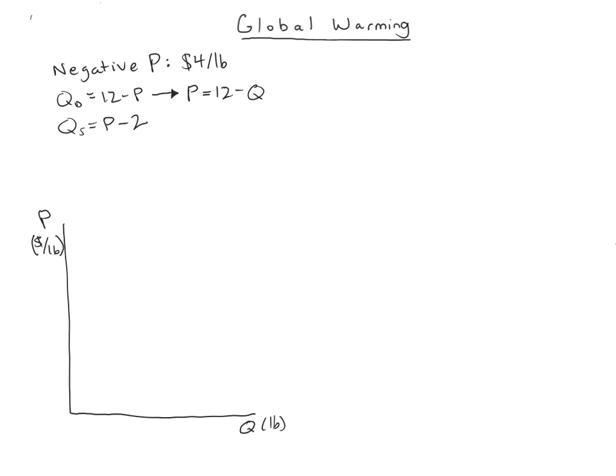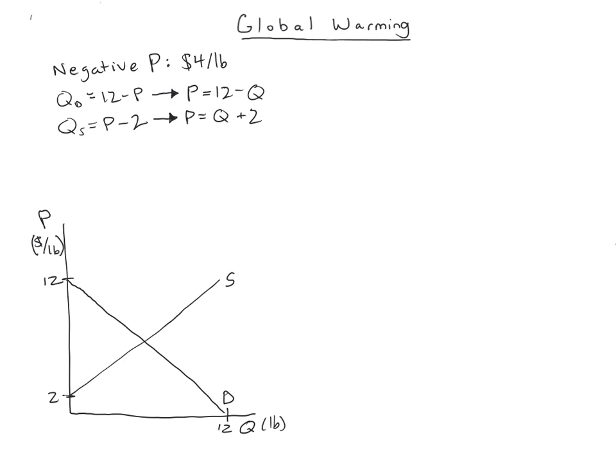It has an intercept of 12, so right here is 12, and a slope of -1. So this intercept is also 12, and that's my demand curve. I can do the same for supply, and I get P equals Q plus 2. So this is going to have an intercept on the P axis of 2, a slope of 1, and I'll label that supply.